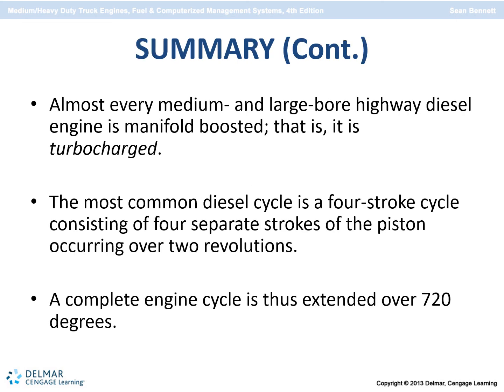Almost every medium and large highway tractor engine is turbocharged and has manifold boost. Every engine since 1991 is a 4-stroke engine. 2-strokes were made illegal. The 71 series Detroits were in tractors up until 1991. They're no longer compliant. The 4-stroke engine cycle occurs over 2 rotations of the crankshaft.